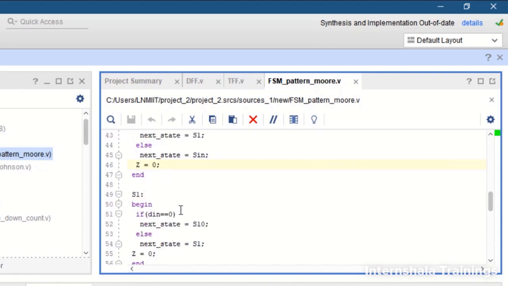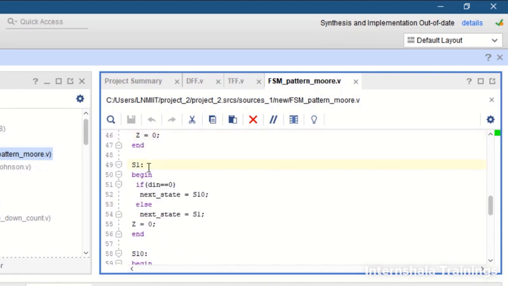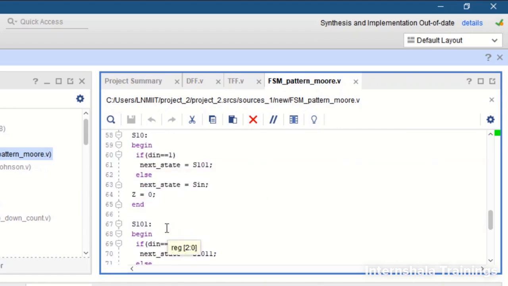When we go to the next state, and that is S1, if input is 0, we go to S10. And if input is 1, then we roll back to S1 and output remains 0. We have the next state, which is 10. In 10, if input is 1, we go to S101, and if we get 0, that means 100, we roll back to S initial. Output is still 0.